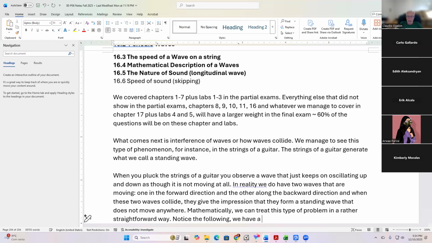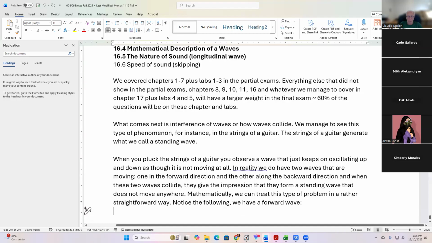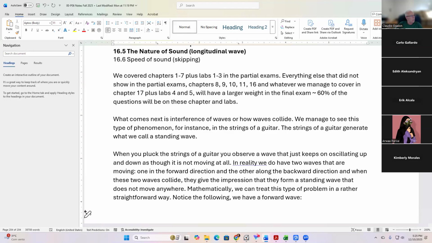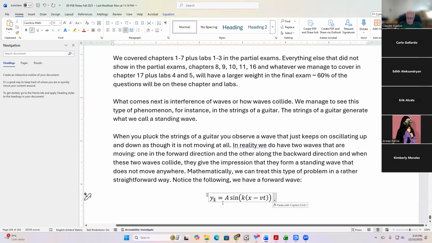We have a forward wave, right? That's propagating from the left to the right. And I'm going to put here y sub f, f for forward.